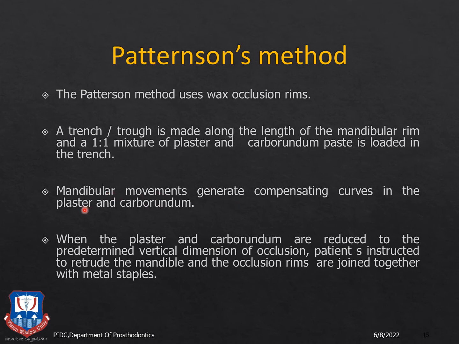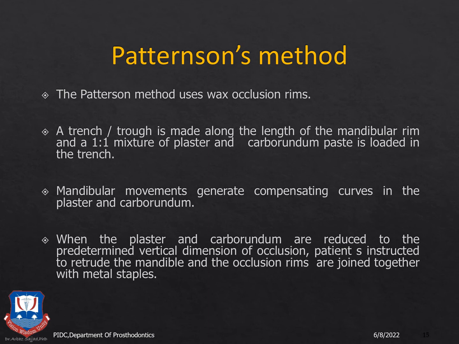Then the patient was asked to generate mandibular movements, protrusive and excursive movements, and these continuous functional movements generated something like compensating curves in the occlusal surface of the mandibular occlusal rim. That is, the carborundum plaster mix was ground and pushed anteroposteriorly and mediolaterally in the form of compensating curves like the curve of Spee, curve of Wilson, etc.